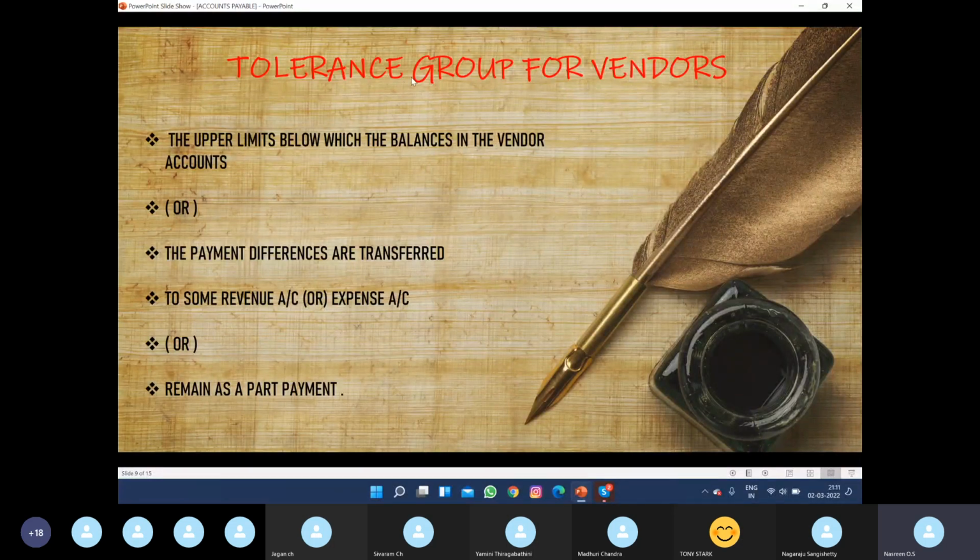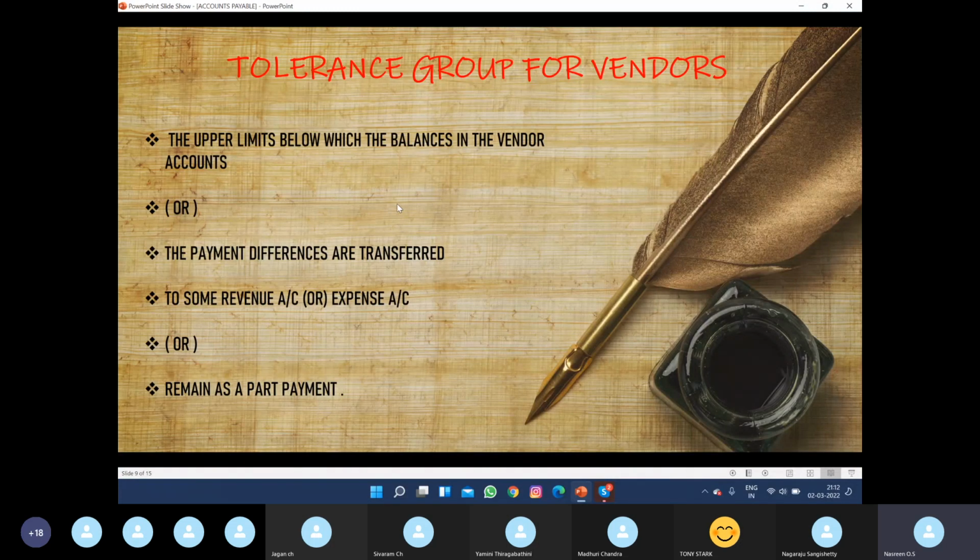Let us understand. These are the upper limits below which the balance in the vendor accounts or the payment differences are transferred to some revenue account or expense account or remain as a part payment. Let us understand this by considering one example.